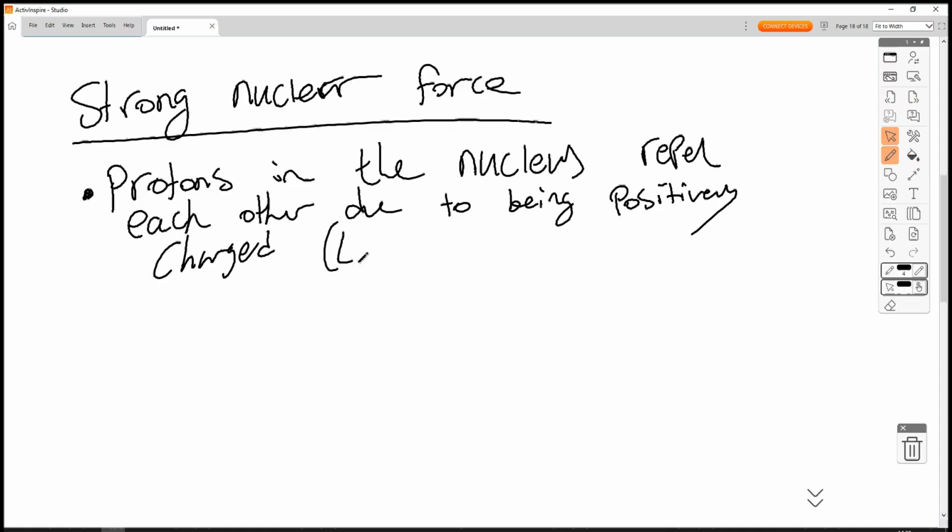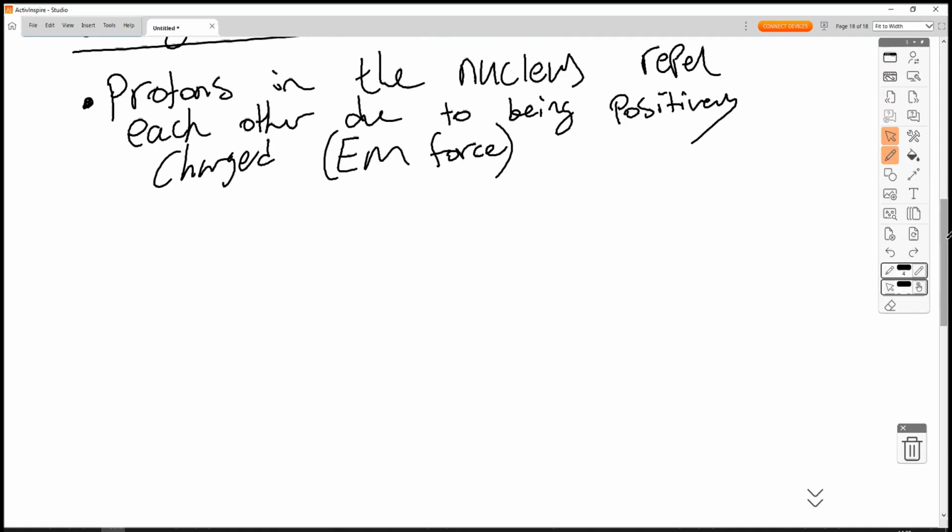And that is the electromagnetic force. Now, every proton in the nucleus repels every other proton. Even if you have a very, very big nucleus and one proton is on one side of the nucleus, the other proton is all the way on the other side, they still repel each other.